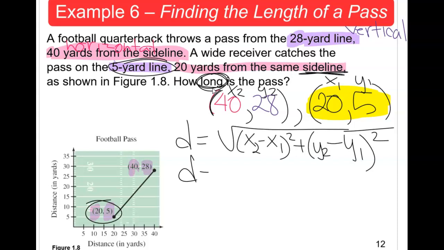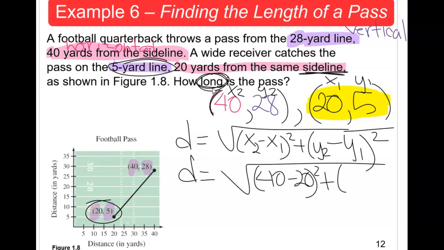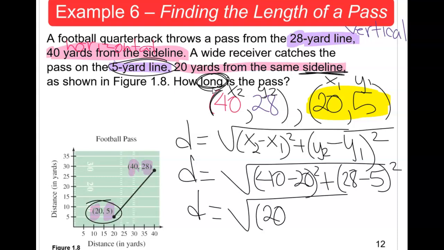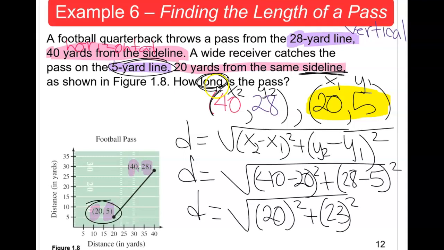So we start substituting. We get x sub 2, that will be a 40, minus x sub 1, which is 20. We square it, then we have a plus. Y sub 2 is a 28, y sub 1 is a 5, and then we square it. So then the distance, first we need to subtract there, so we will have 40 minus 20 is 20, square. 28 minus 5 is 23, square.